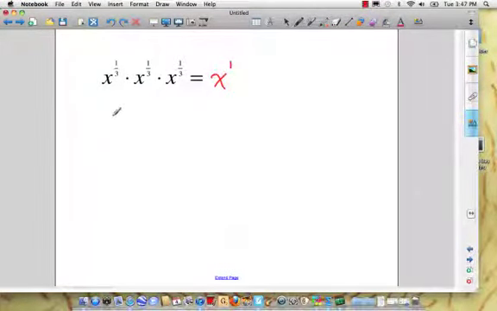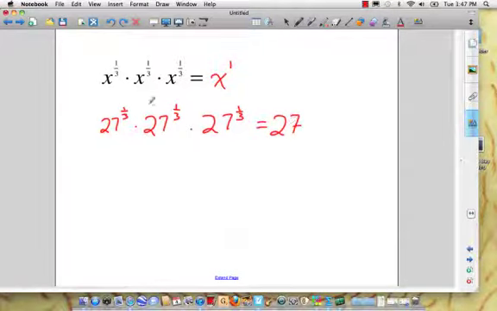So here's an example with numbers. Let's say 27 to the 1/3 times 27 to the 1/3 times 27 to the 1/3. Well, that should be 27 to the, well, 1/3 plus 1/3 plus 1/3 is 1 whole, which is the same as 27.